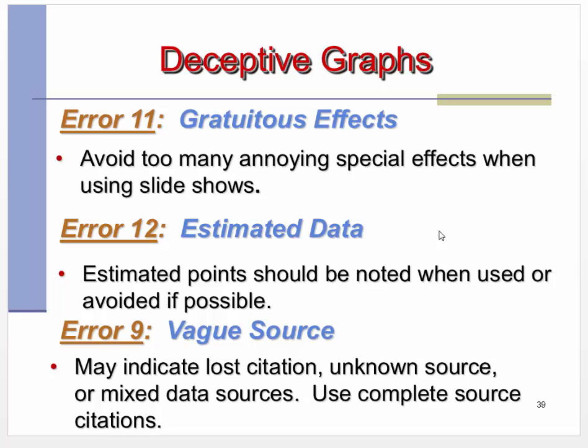Number 12, estimated data. If you have estimated data points, you should note them. It should be noted when used or avoided if possible. Error number 13, vague source. That may indicate the loss of citation and non-source or mixed data sources. Use complete source citations.